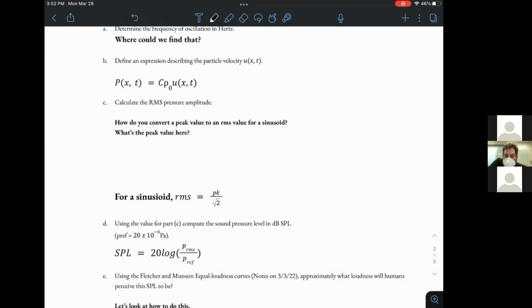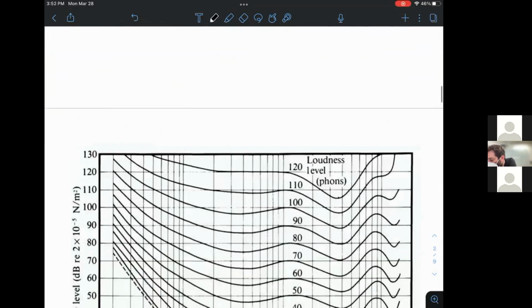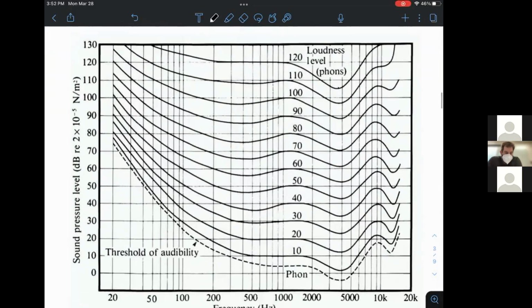I just have a quick question about the Munson curve. I just want to double check that I'm doing it right. Yeah, let's go up and look at that. I did D, so I have my dB values.